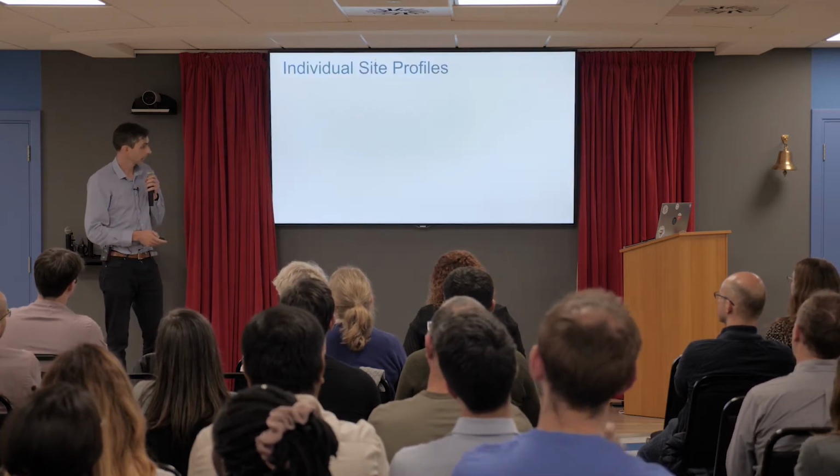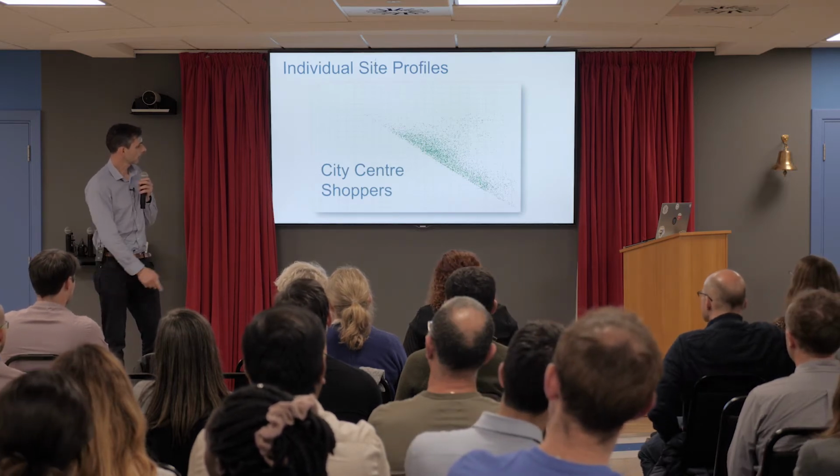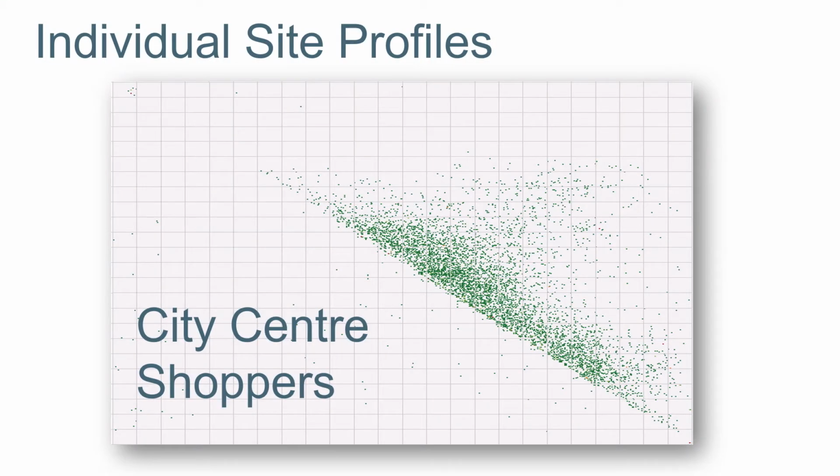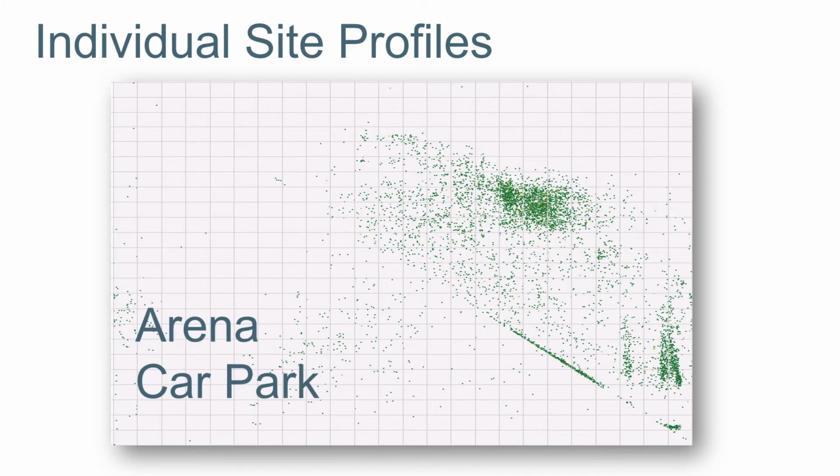So that was a composite site I was showing you just now. If we look at some individual sites very quickly, this is a city centre shoppers car park. You see there's not much evening trade, not much commuters, but lots of people in that shopping bubble. This is a railway station, so you can see lots of people on those very short transactions where they pick up and drop off, and some commuters as well, spending the whole day wherever the train goes.